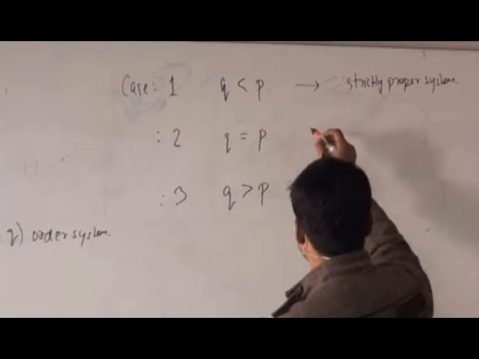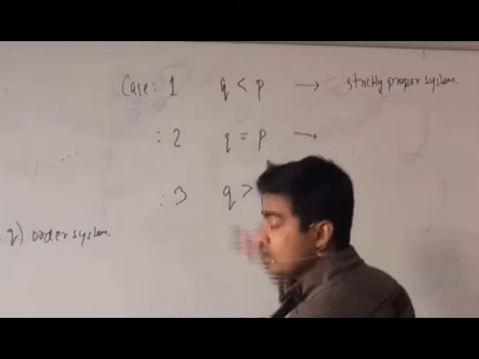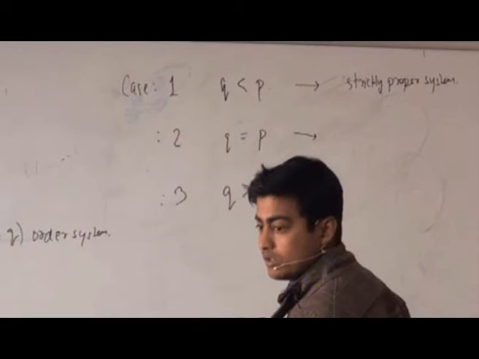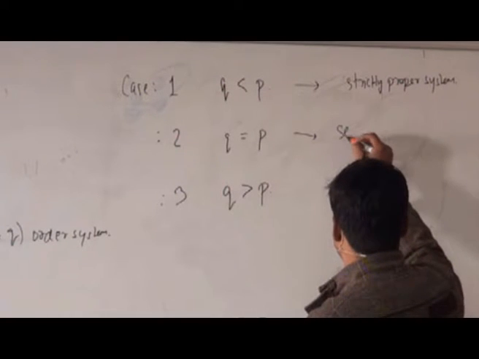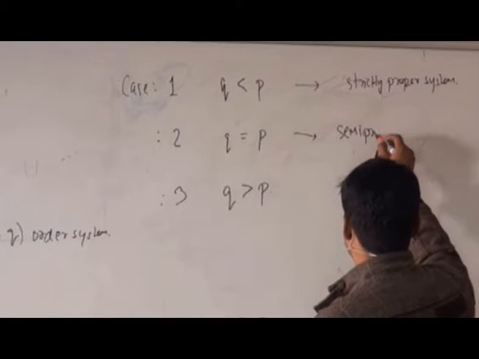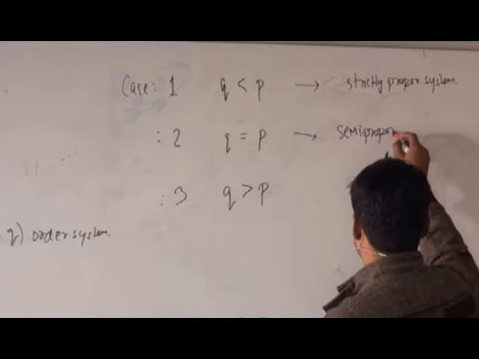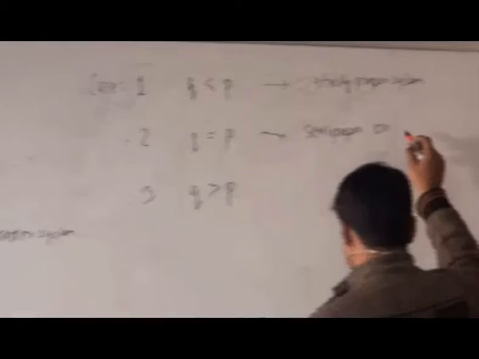Okay. When Q is equal to P, you call them either semi proper or high proper systems.